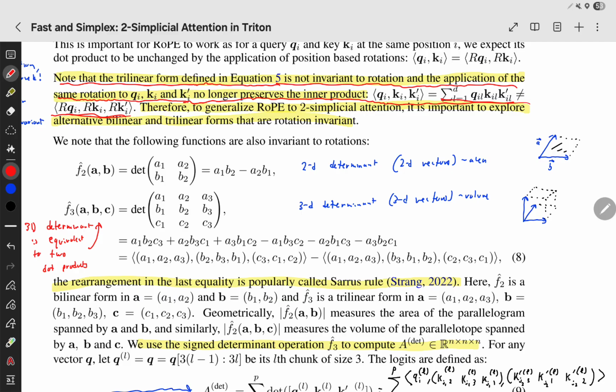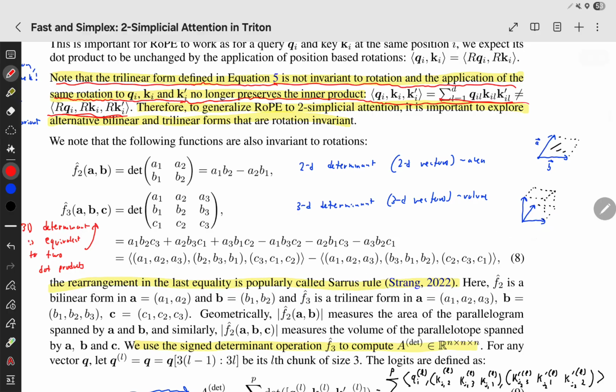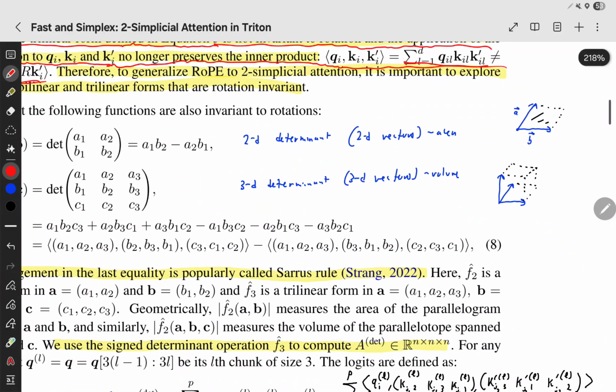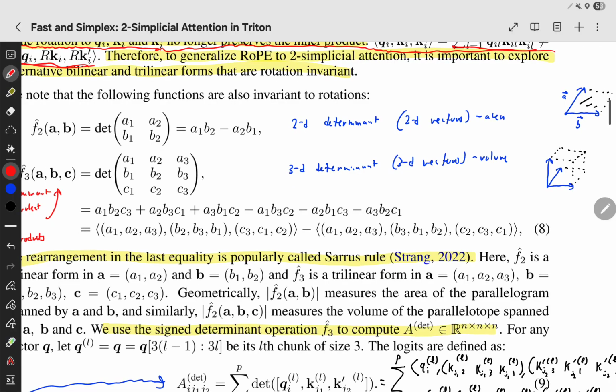For this three-way determinant, if you think about it, it's basically computing a volume for 3 vectors, and you can rotate this however you want, and the volume stays exactly the same. And there is this formula, which says you can compute it with two inner products, which is equivalent.